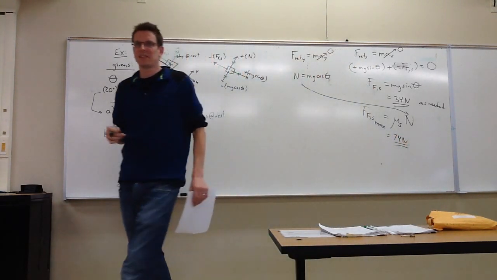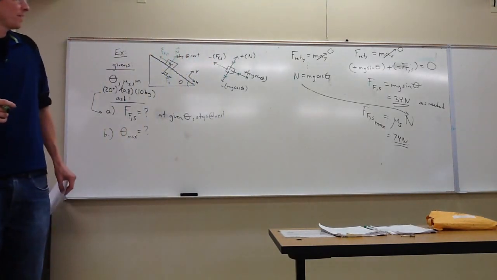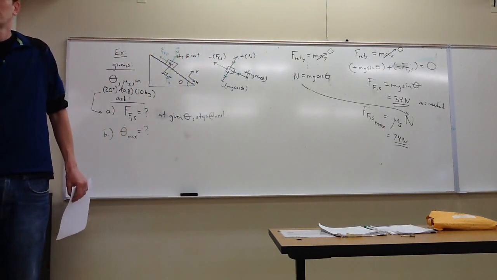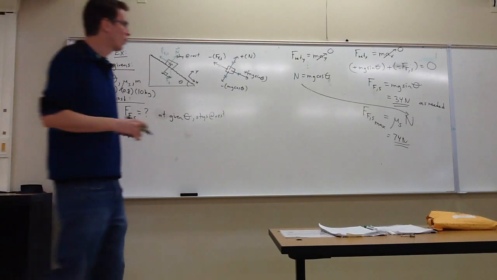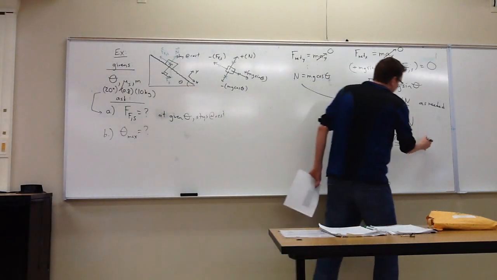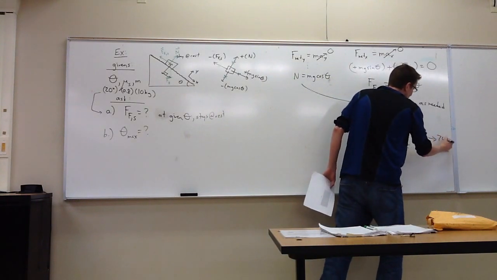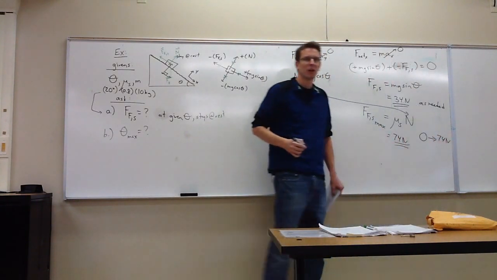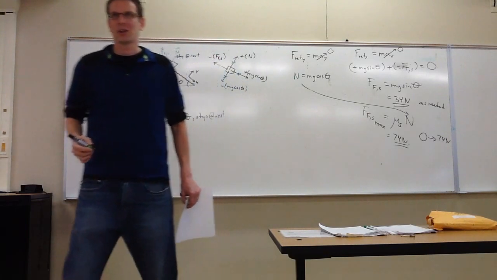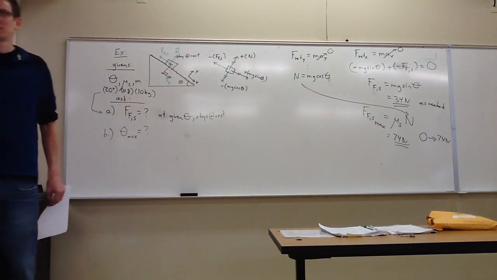So which is the answer? Is it 34 or 74? It's the 34. What we've just computed here is we've shown that the static frictional force could be anywhere from 0 up to 74, but we don't need all 74 because there's only 34 trying to move it.